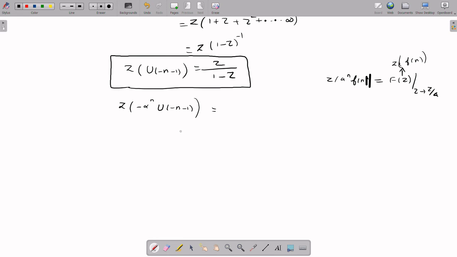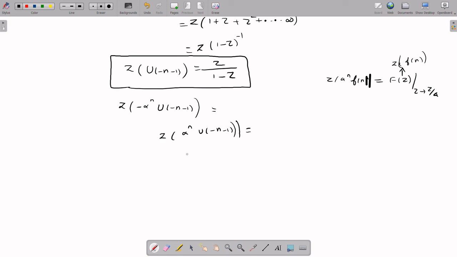In the same way we have to write the z transform here, where minus alpha is there. First we find the z transform of alpha power n u of minus n minus 1.